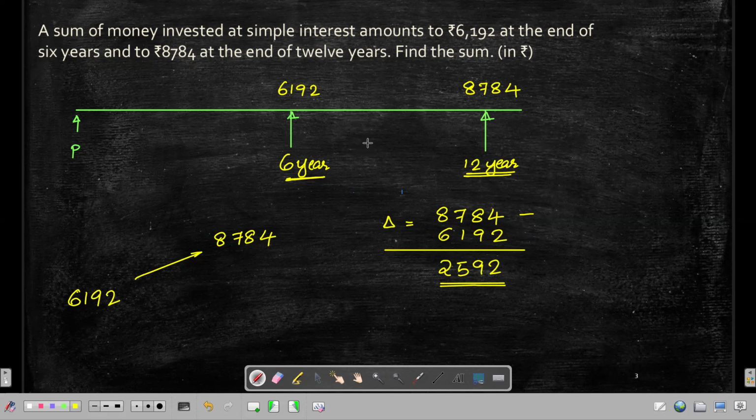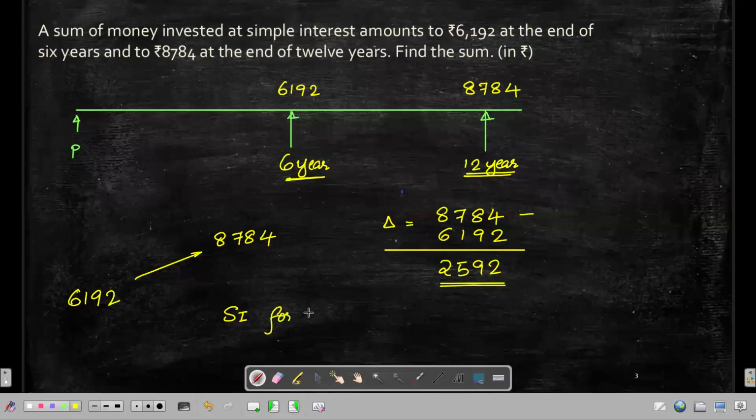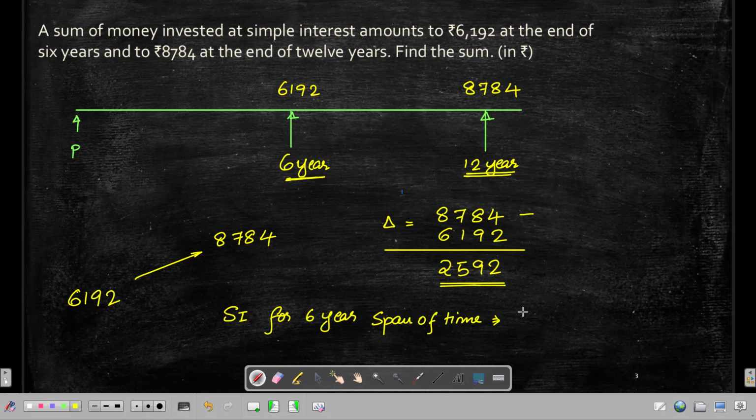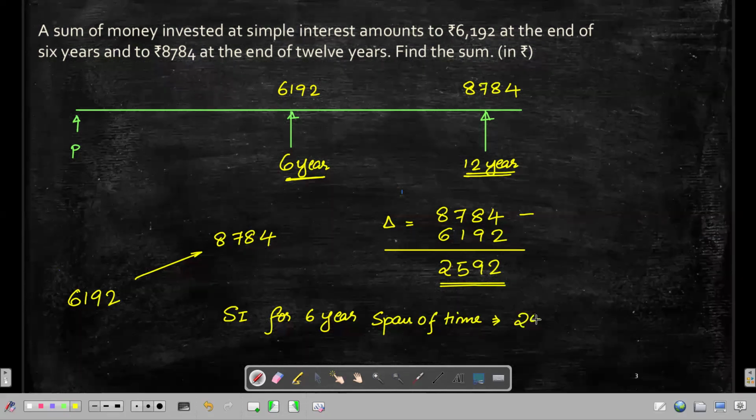Now, listen carefully. What is this 2,592? This 2,592 is nothing but the simple interest that the principal amount got for the 6 year span of time. Okay, so write it down in the same way. For the 6 year span of time, the simple interest accumulated is 2,592.